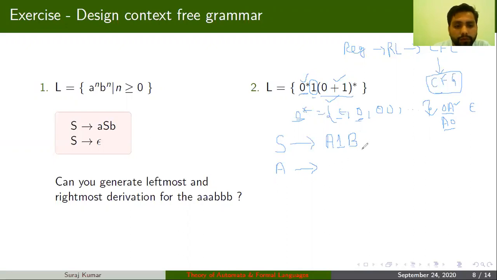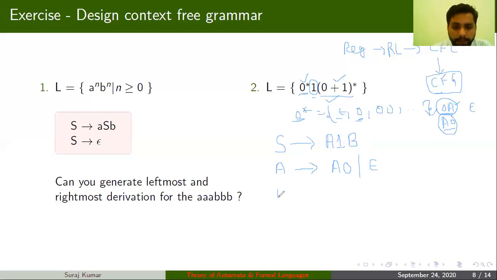Let's say I follow A implies A0, and to stop this recursive condition, I write A implies epsilon.